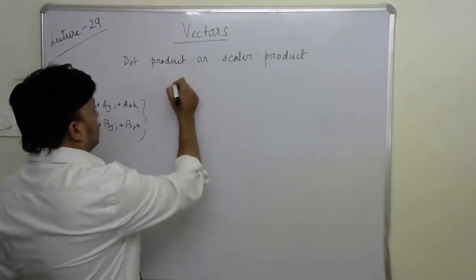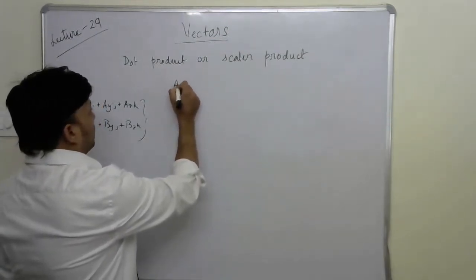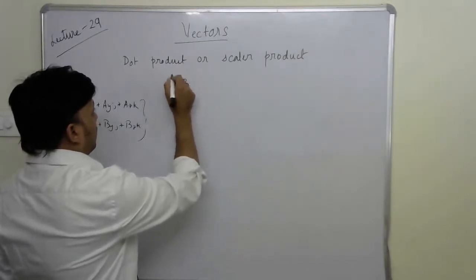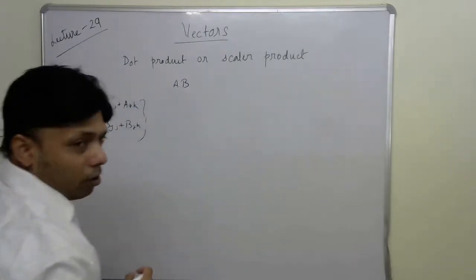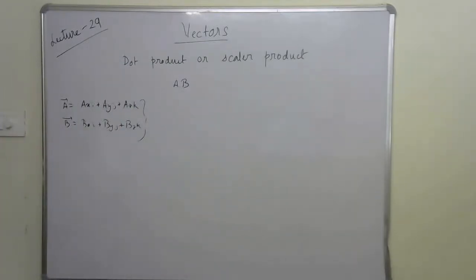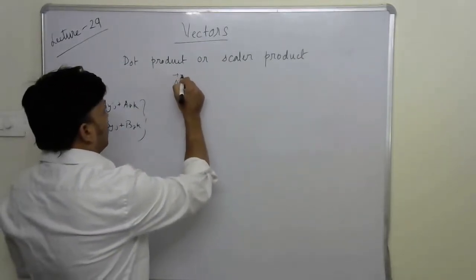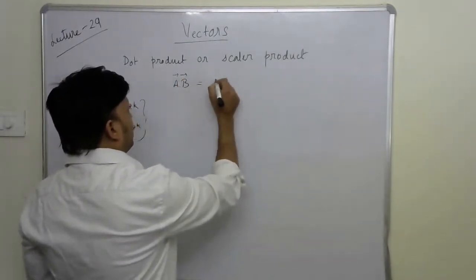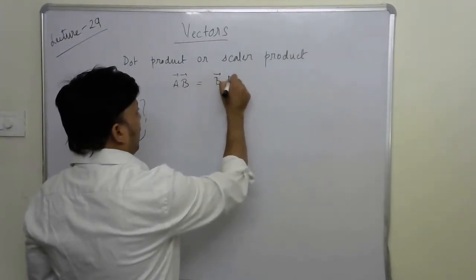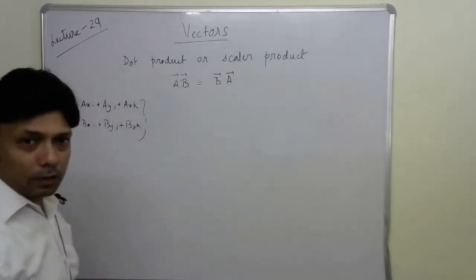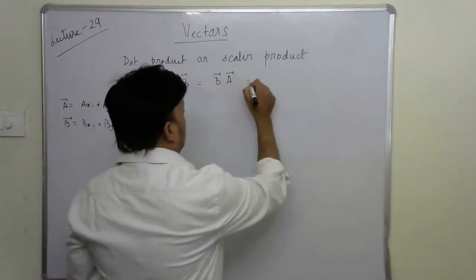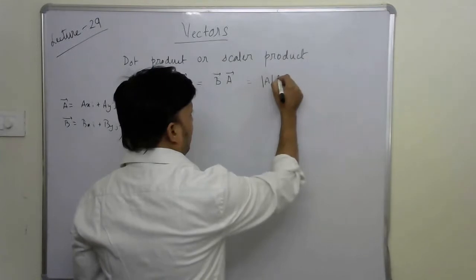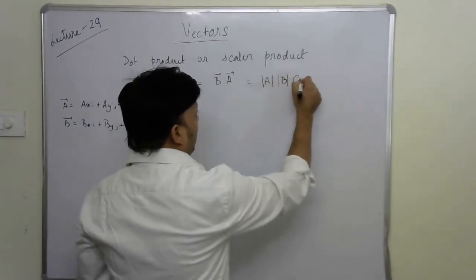The product between A and B is represented as A dot B. We can write A dot B is equal to the same thing as B dot A. So it doesn't matter which vector you pick first, whether it is A or B. That becomes equal to the modulus of A, that means the magnitude of A, the magnitude of B, multiplied by cos theta.